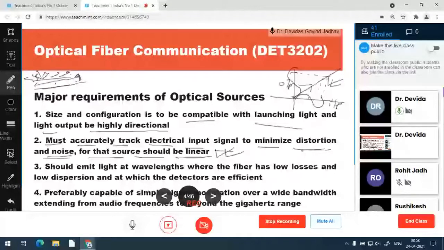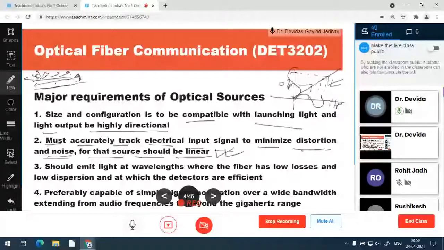So this transducer should be linear and should introduce minimum distortion and noise so that the input signal will be perfectly converted into the other type of energy.